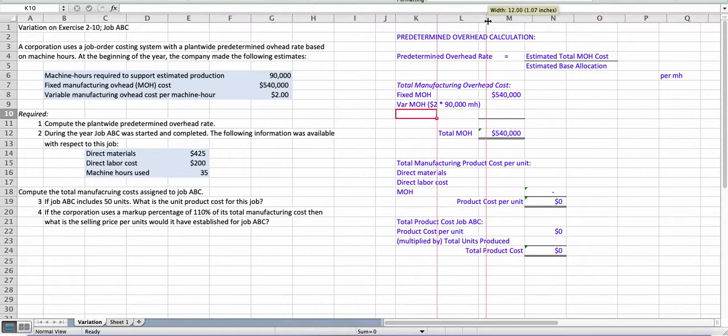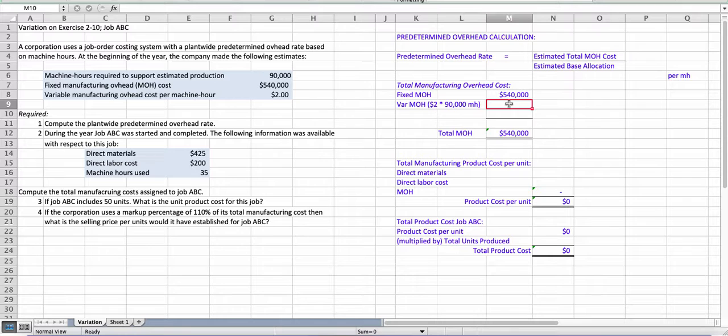Okay, so once we do that, we know that it's 180,000. So once we add that 180,000 to the 540, we realize that the total manufacturing overhead is 720. So that's the number that we need to put right up here.